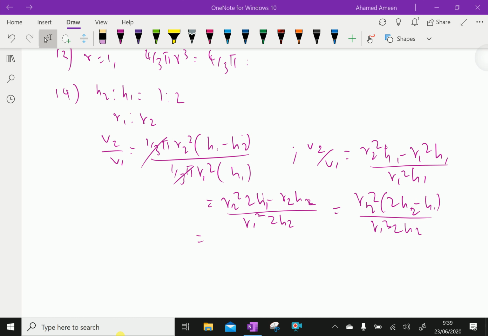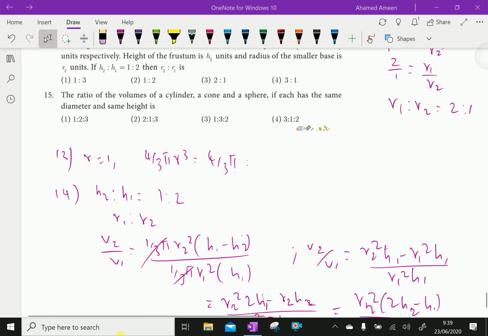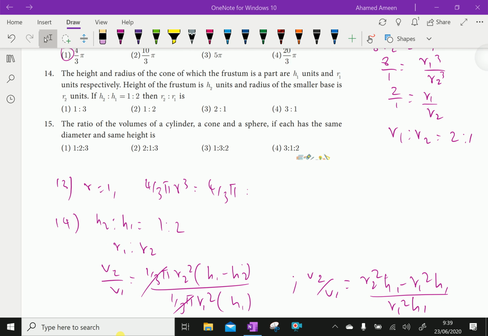Finally, after cutting, the ratio is 1:2. Therefore question number 14, option 2.